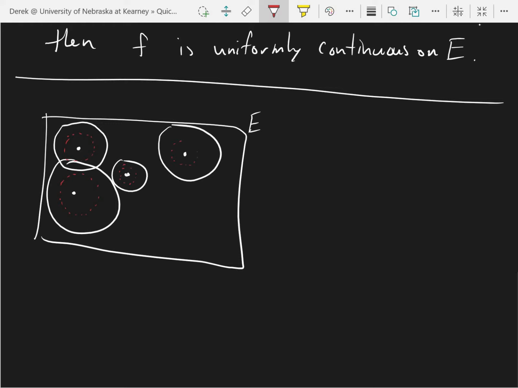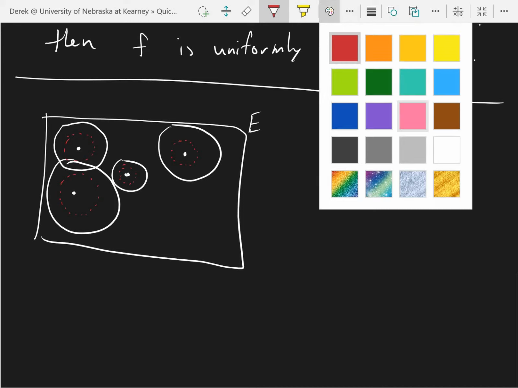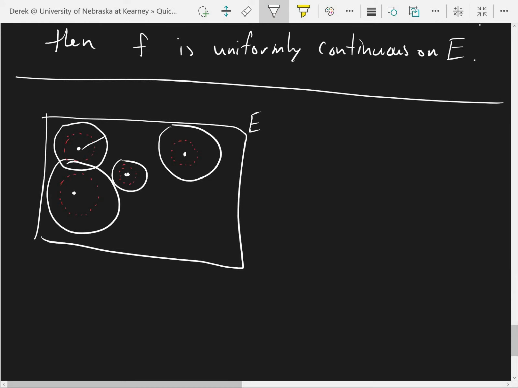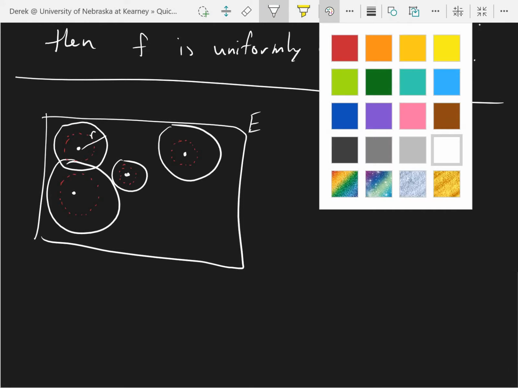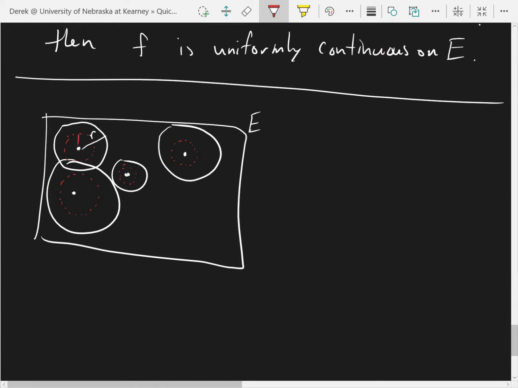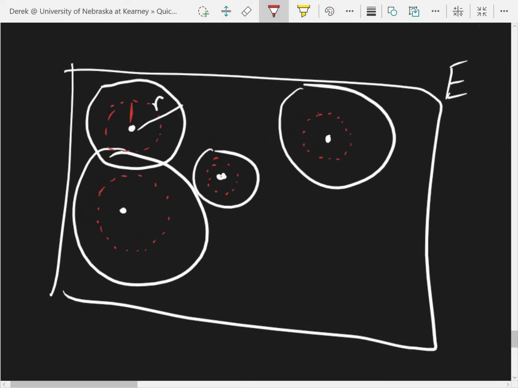And then I'm going to use these red circles to get a cover of E. I can draw one of these red-white circle combinations for every point in E. So I can cover the entire space of E with these red circles, and then I can take a finite subcover of red circles. And these are going to be half as big in radius, so let me sort of draw that out here. So if this is R, the red circle is going to be R over 2. Let's zoom in.